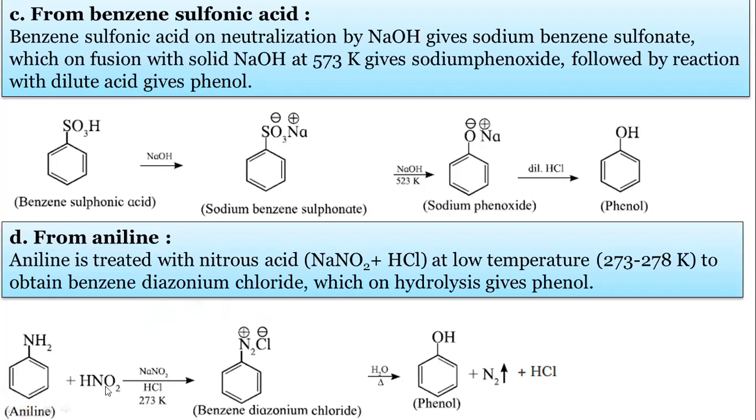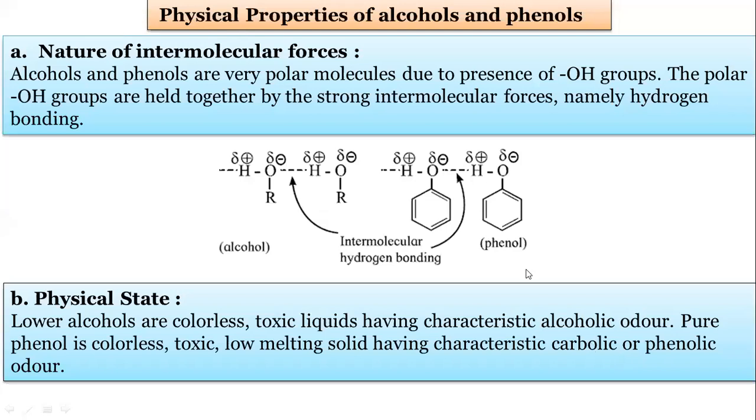Aniline, nitrous acid, benzene diazonium chloride, hydrolysis, we get phenol. If this benzene diazonium chloride is treated with CuCl, we get chlorobenzene. If it is treated with CuBr, we get bromobenzene. These reactions will be included in chapter number 13. So the method of preparation is completed. Now the physical properties of alcohols and phenols I will take very fast, because these are not asked for exams many times.